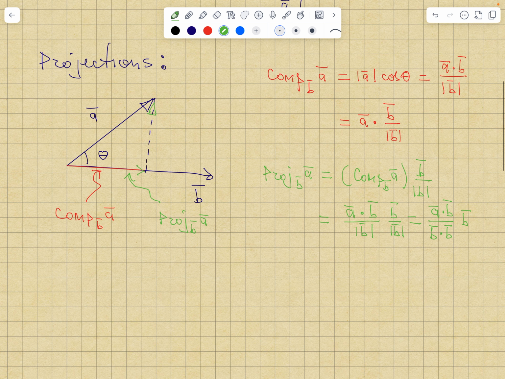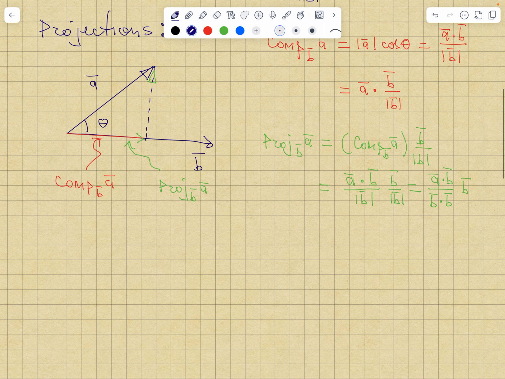So let's do an example. Now, this, of course, again, will be true in 2D or 3D. So let's do a three-dimensional example. So let's say A is (1, 0, 2), and B is (-1, 1, 1).